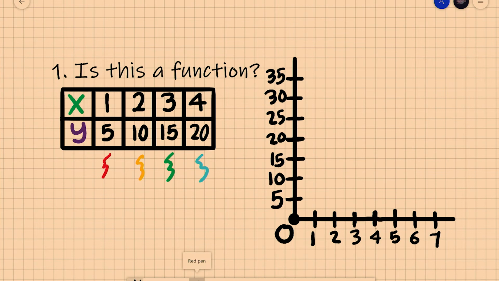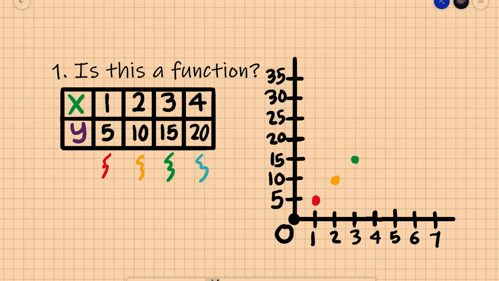So first, to graph this, we get x is 1, and y is 5. So it'll look like this. Then we have (2, 10), x is 2 and y is 10. Next up we have the green, which is (3, 15).